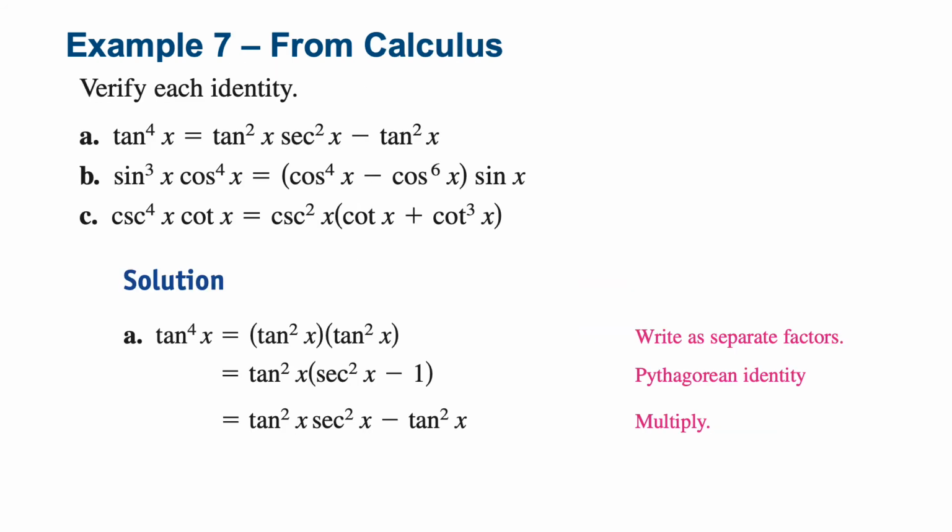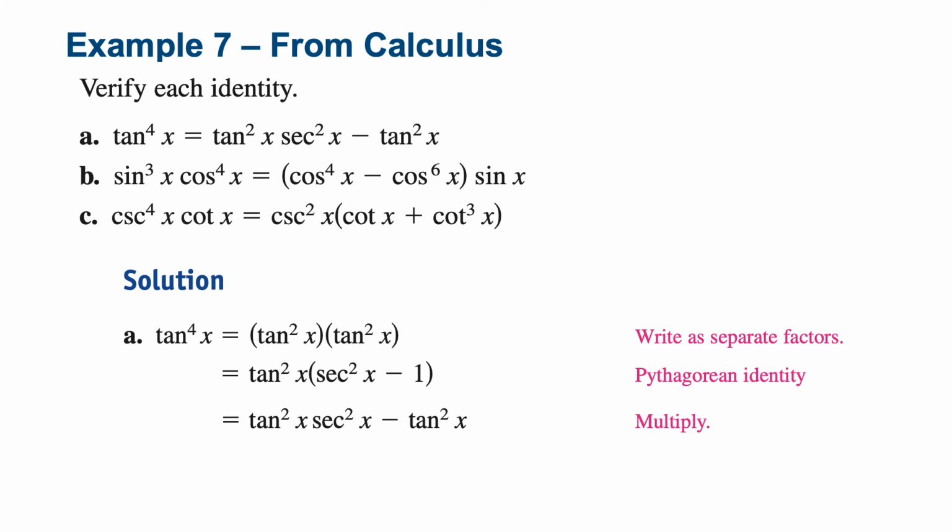Okay, so let's do some last examples from calculus. Exciting. So let's verify this identity. A, tangent to the fourth x. We want to verify that it's equal to tangent squared x times secant squared x minus tangent squared x. So let's do A first, working with the left side. Tangent fourth x equals, let's write that as separate factors, tangent squared x times tangent squared x.